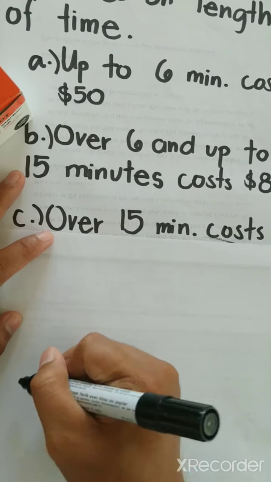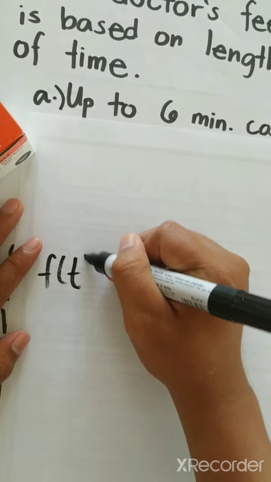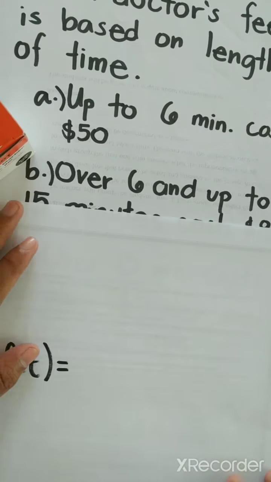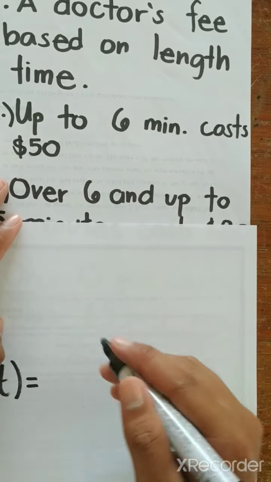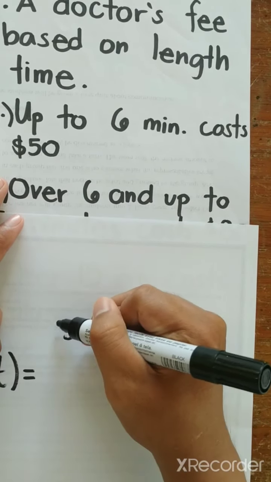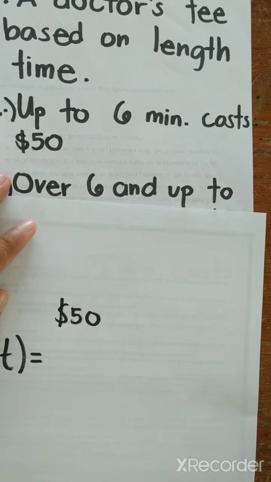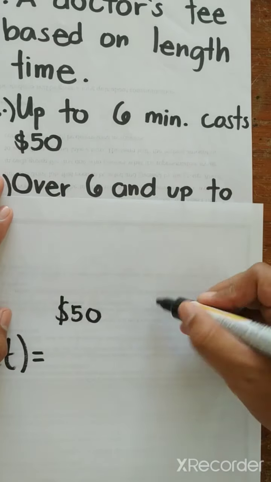So we have f of t equals, first would be up to 6 minutes costs $50. So we will write here $50. Okay, when will that be $50? When the time is up to 6 minutes.